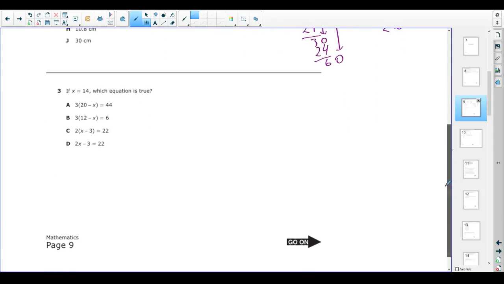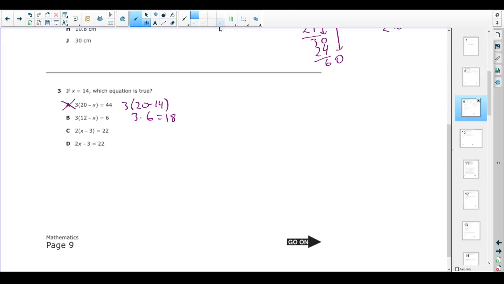Alright, number 3. If x equals 14, which equation is true? We just have to work these out. This first one is 3 times 20 minus 14. Okay. 20 minus 14 is 6. So 3 times 6 is 18.